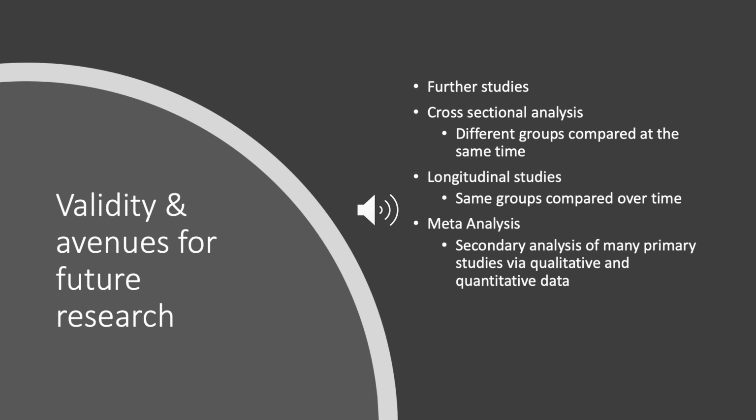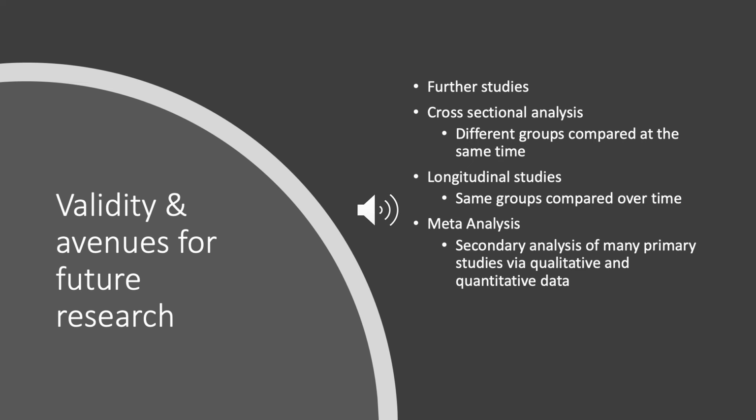So for more avenues for further research, we could do cross-sectional analyses, which is different groups compared at the same time. We can also do longitudinal studies, which is the same group compared over time, and a meta-analysis, which is probably the most ideal research design to do. It would just take a lot longer.